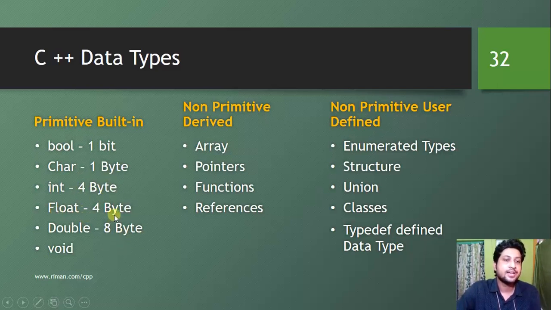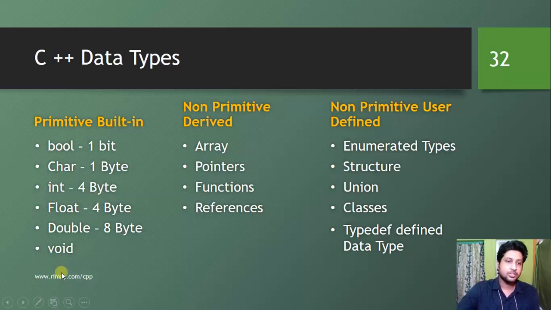So float has a size of 4 bytes. Float and double are used to store real numbers, like fractional numbers. Integer, on the other hand, is used to store whole numbers, positive and negative as well. To store them, we need the built-in data type int.